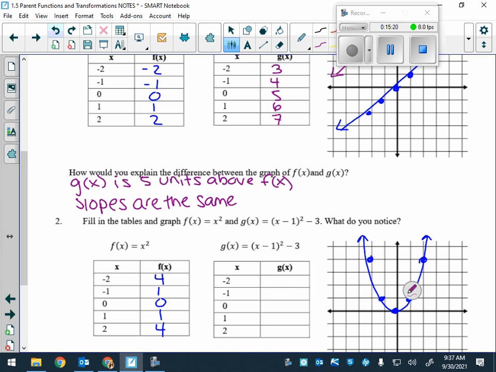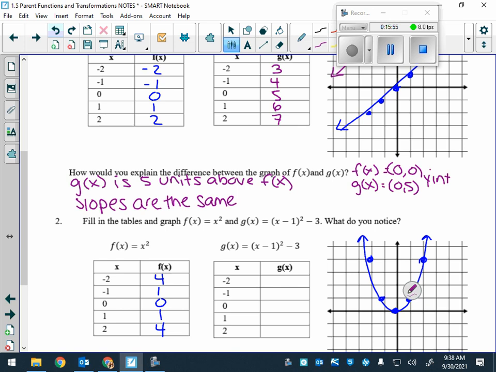If I had to tell the difference between f of x values and g of x values, what would you do? Add, subtract, multiply, divide? Charlie? g of x has a higher y-intercept. Good. So f of x has (0, 0), and g of x has (0, 5) for the y-intercept.